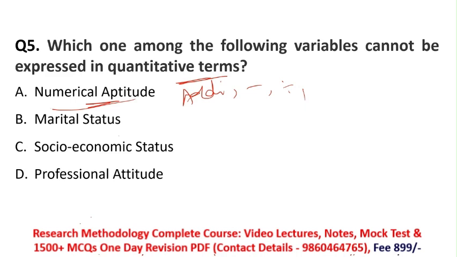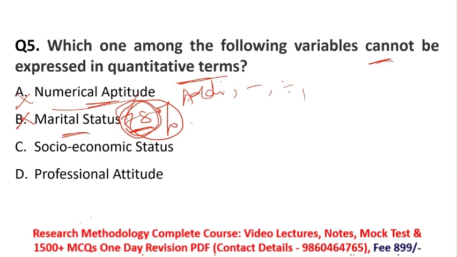So option A is incorrect, because we have to find what cannot be expressed. Option B is marital status. Marital status means how many people are married and how many are not married. Your result will be in the form of numbers, let's say 78% of Indians are married. You are getting your result in the form of numbers, so it is a quantitative term, and option B is incorrect.